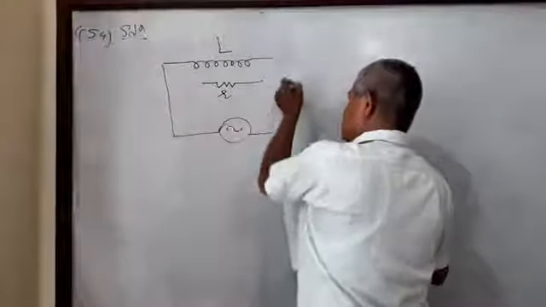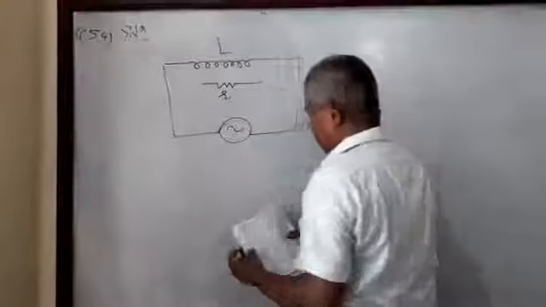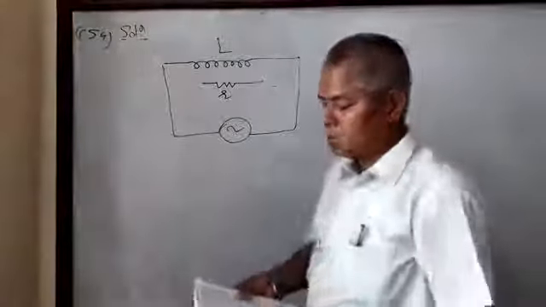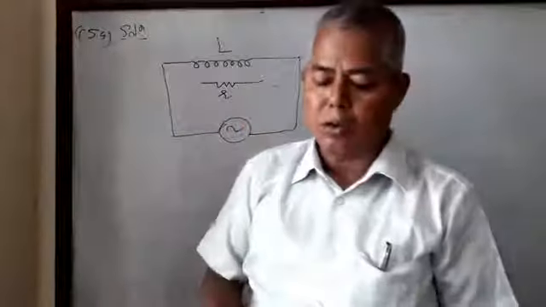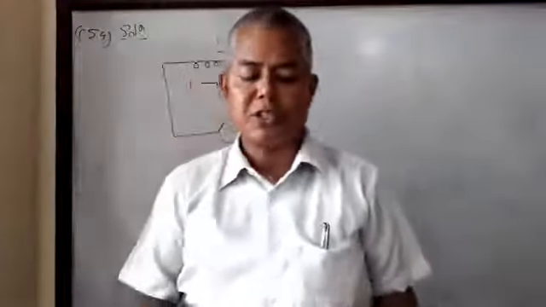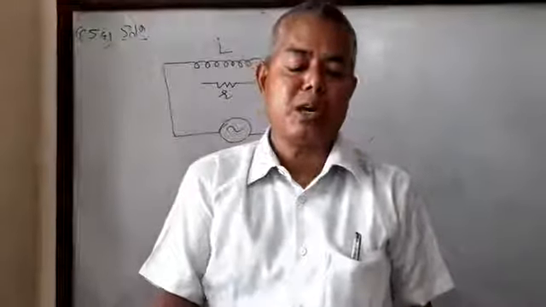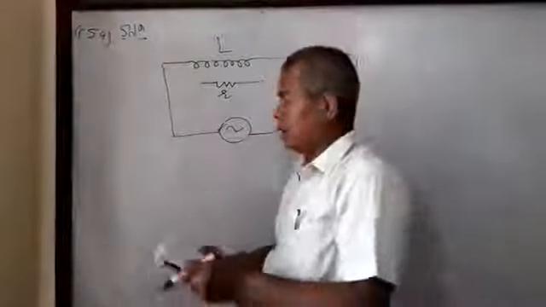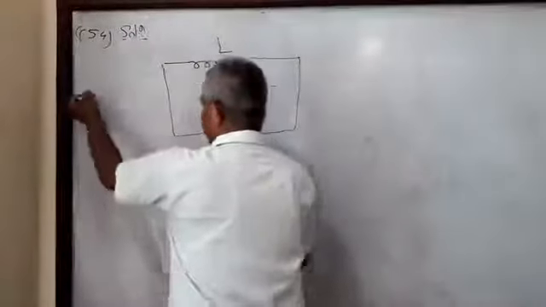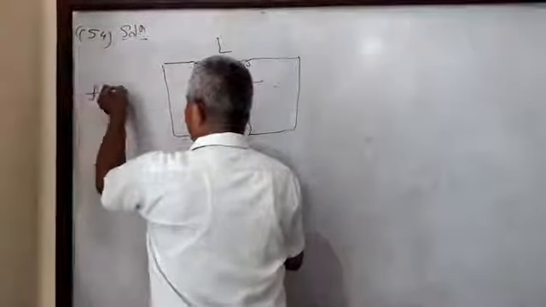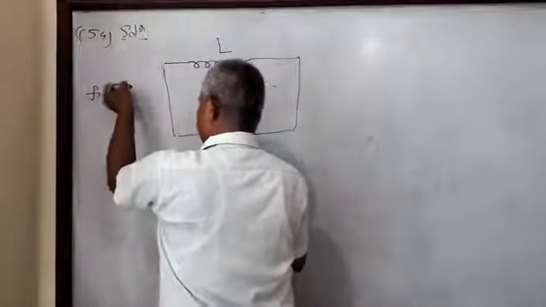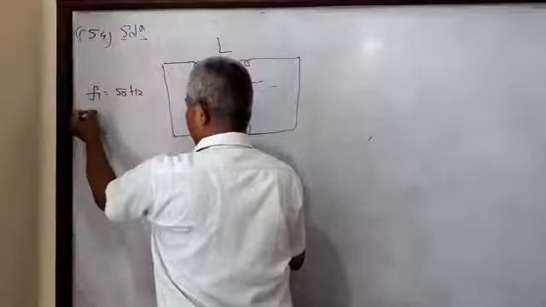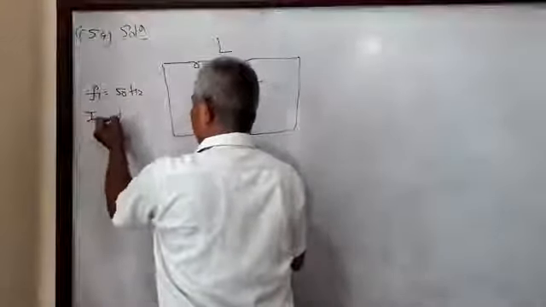A sinusoidal voltage with variable frequency. First frequency is 50 Hz. When frequency F1 is 50 Hz, then current I1 is 1 ampere.